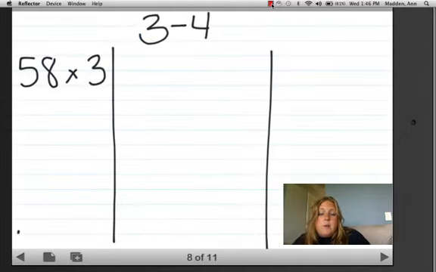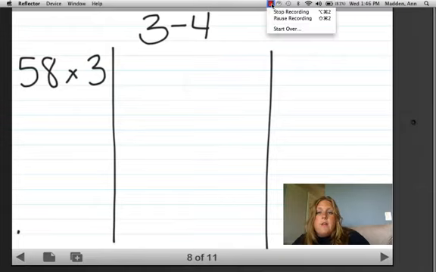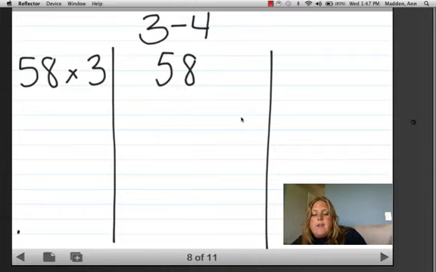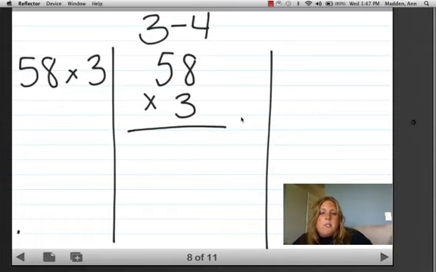Now what I want you to do is I want you to take out your notebook paper. We're going to practice a few of these together. All right, I have my problem 58 times 3. What I need to do in the middle column is I'm going to write it vertically. 58 goes on the top, 3 goes down below. Now I'm able to work it out.